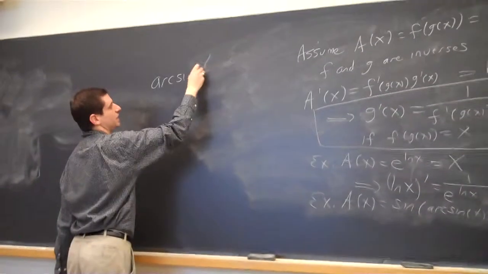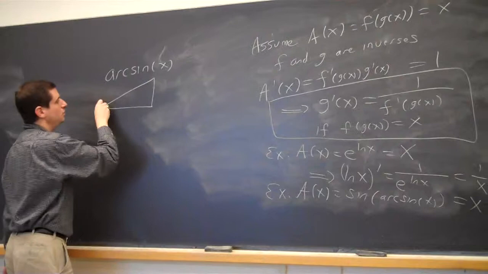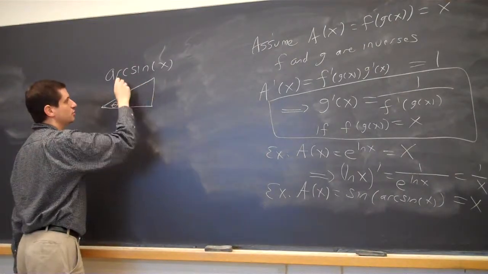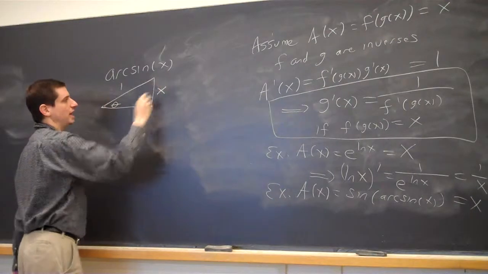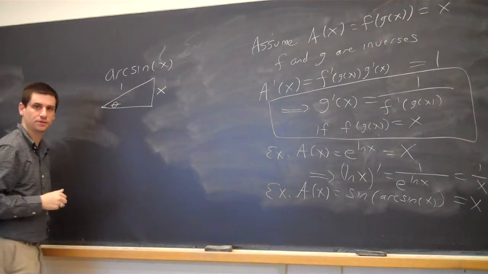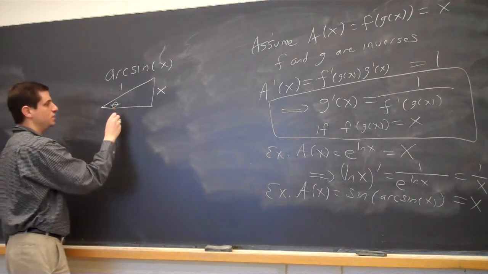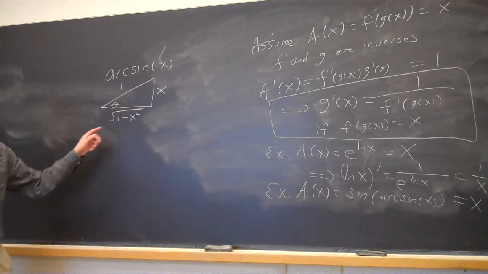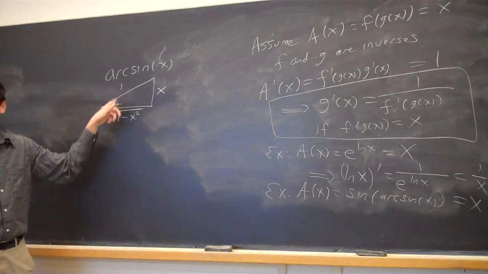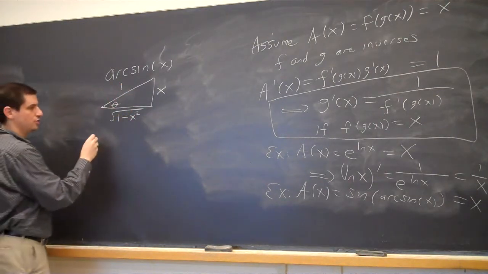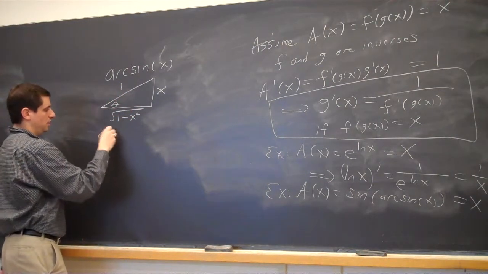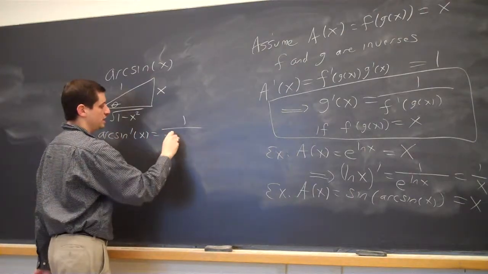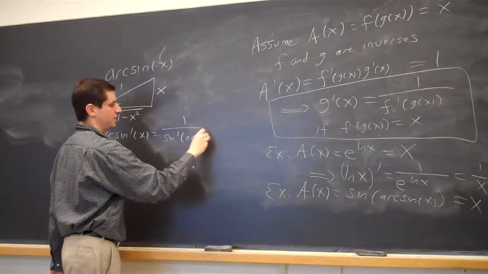Here's arc sine of x. So what does it mean? I have some angle theta, its sine is x. So if the hypotenuse is 1 and this side is x, then this would be the square root of 1 minus x squared, because by Pythagoras, this would now give me a right triangle. So arc sine prime of x is 1 over sine prime at arc sine of x.